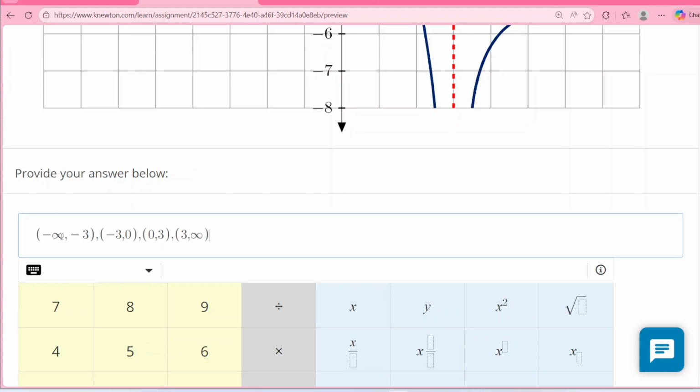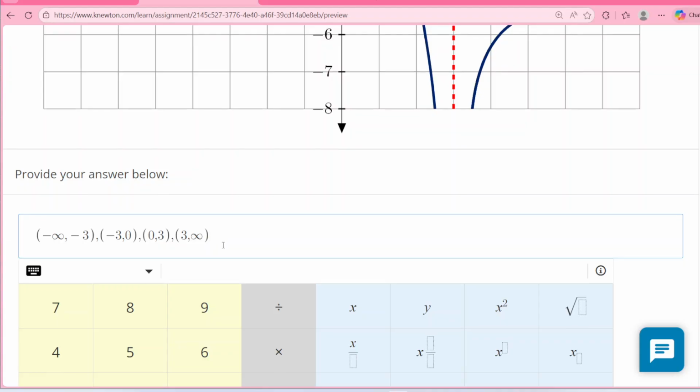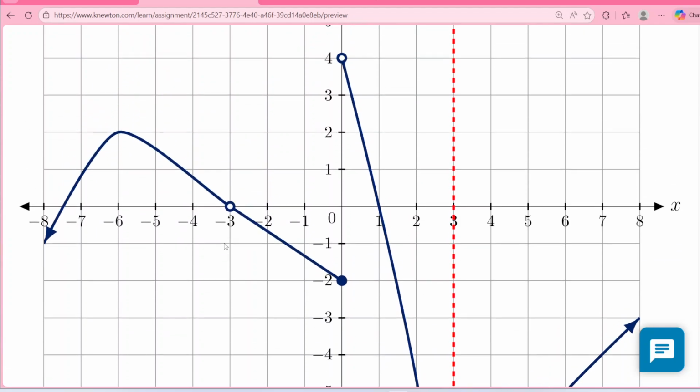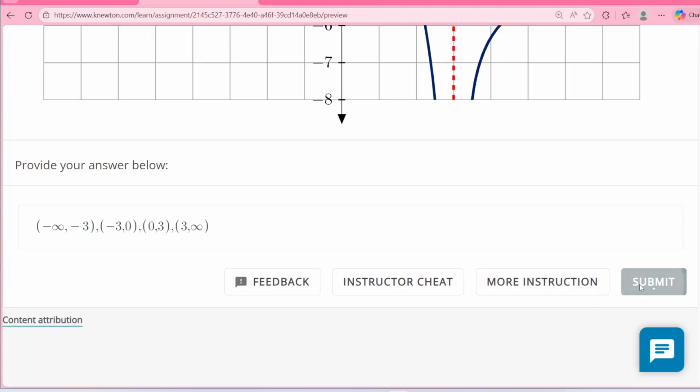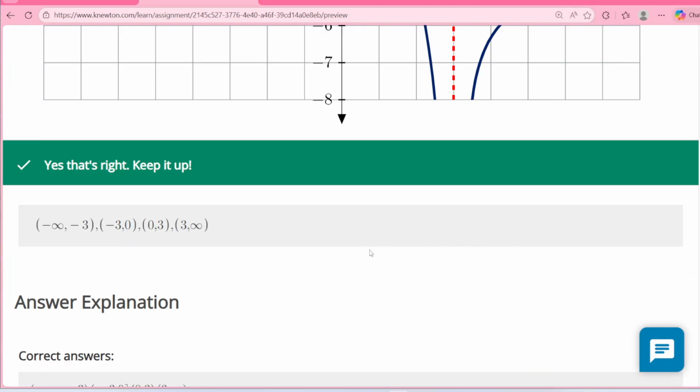For all these x values that I've just described in interval notation, the function is continuous. So it's basically everywhere except where there's a removable or a jump or an infinite discontinuity. And I'll hit submit. Wonderful.